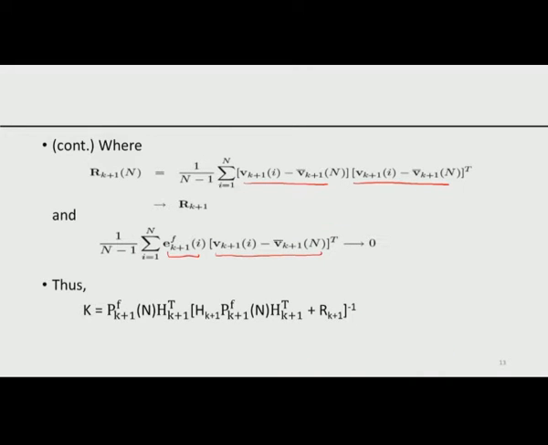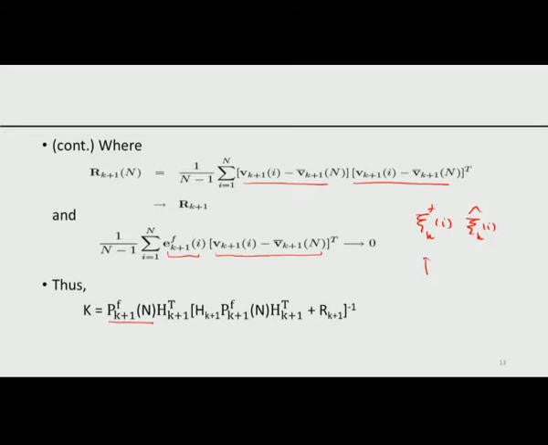Therefore, the expression for K, the Kalman gain, which I have postponed for this long, is given by the N sample approximation of P_{k+1}^f. Look at this now. The x_i^f and x_i hat are the ith members of the forecast and analysis.